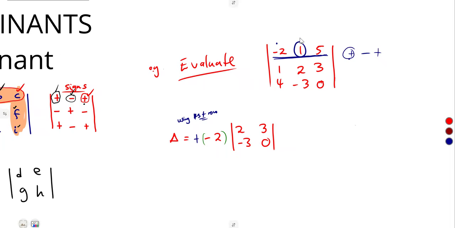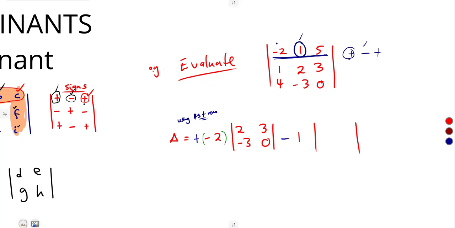So 1 corresponds to what according to our sign? 1 corresponds to a negative. So we're going to have negative, the sign. Negative. Then the number is 1. That's our element. So if it was minus 1, you're going to put a negative there. This one is just 1. So do not worry about that.